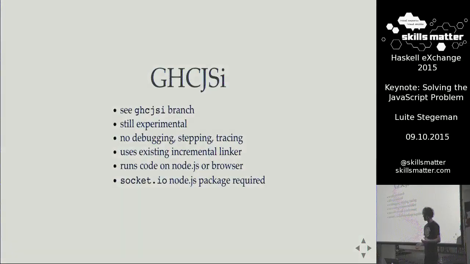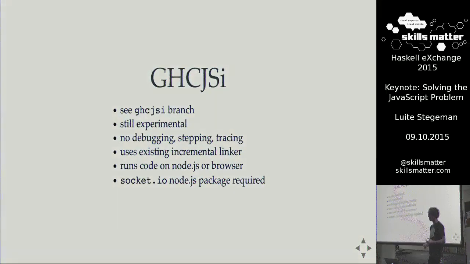The GHCDSI, that's not in the master branch. You need to get the GHCDSI branch for that. And like I said earlier, it's based on the GHCJS code generator. It compiles to JavaScript, so it doesn't use the GHCi bytecode linker.